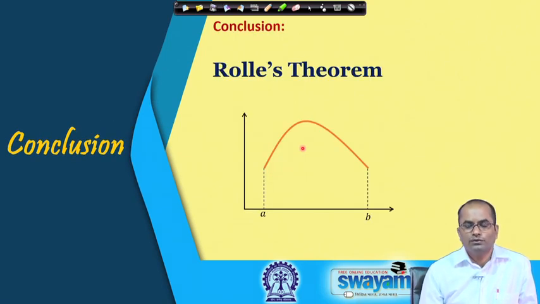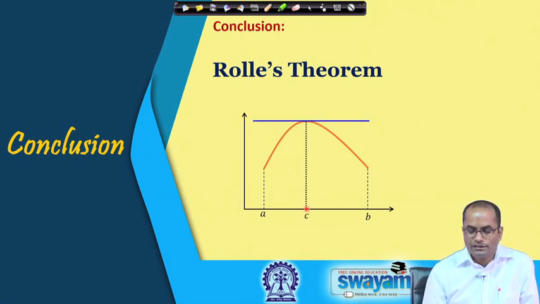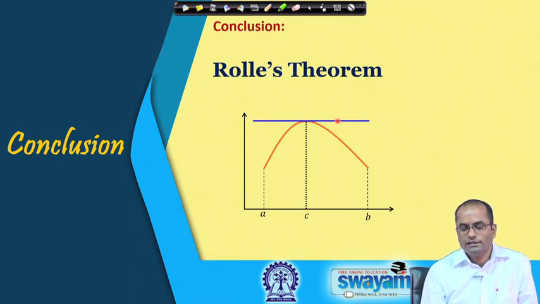So, again the conclusion: we have studied Rolle's theorem, which says that if the function is continuous and differentiable, having the same value at a and b, then there will be a point c somewhere in the open interval (a, b) where the tangent to this function will be parallel to the x axis.